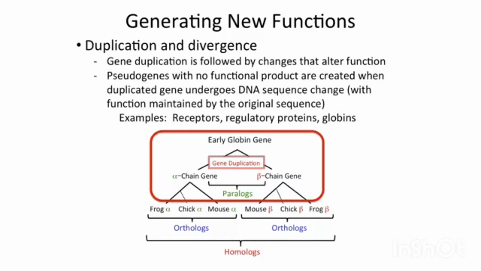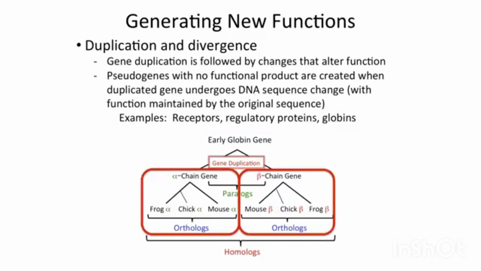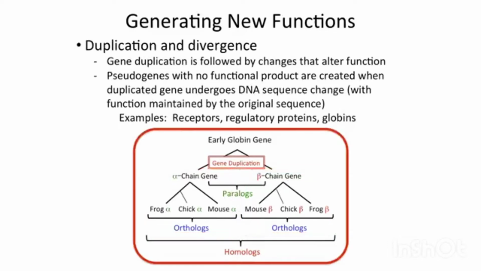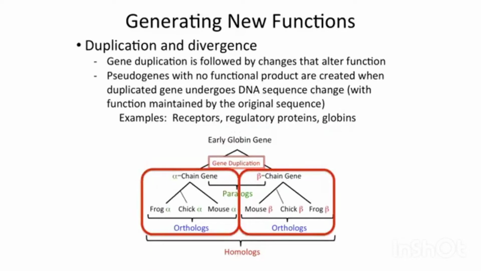Over time, these monomeric proteins acquired the ability to assemble into tetrameric hemoglobin. Genes that produce the same function in different species are termed orthologs. And all of these different but related globin genes are homologs. Note that orthologs are the alpha chain in different species. Paralogs are the alpha chain and the beta chain, and the entire family is homologs.